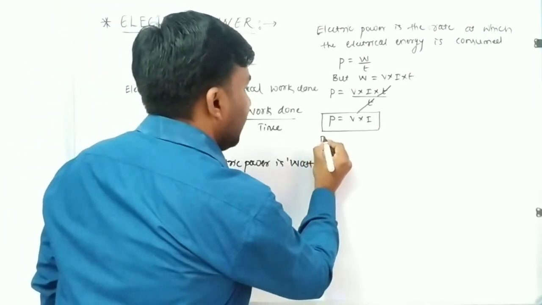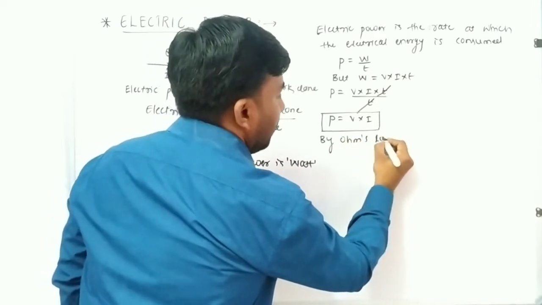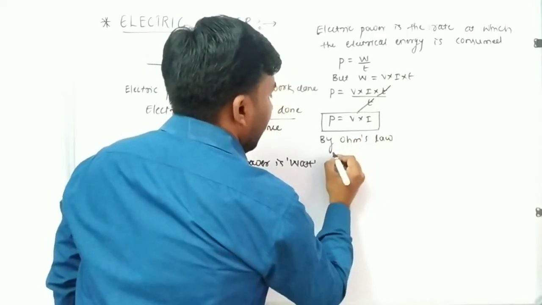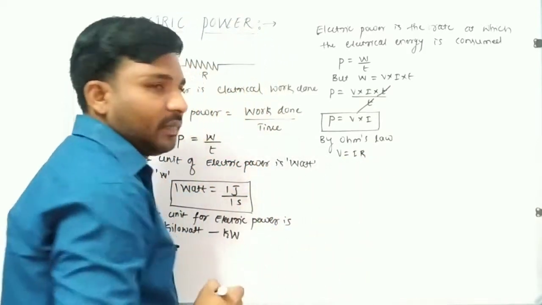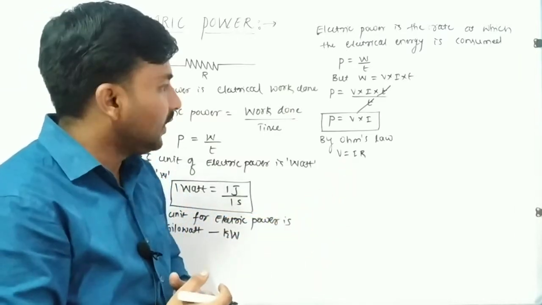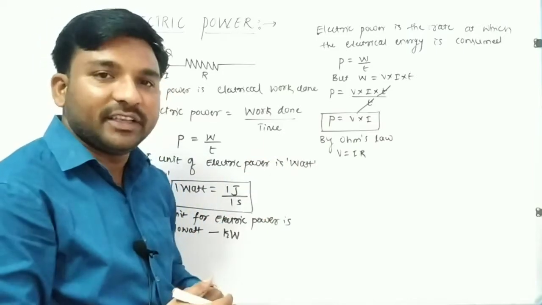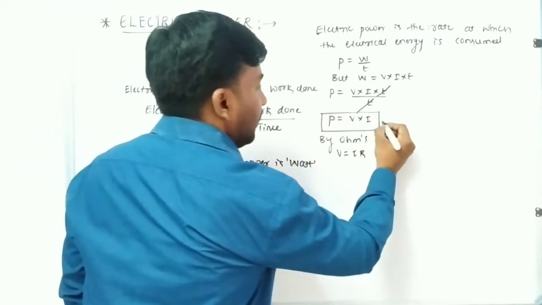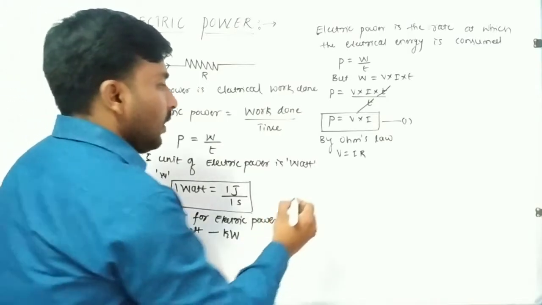Okay. By Ohm's law, we have V is equal to I into R. Right? Now put the value of this V in the above expression. Let's call this expression 1.